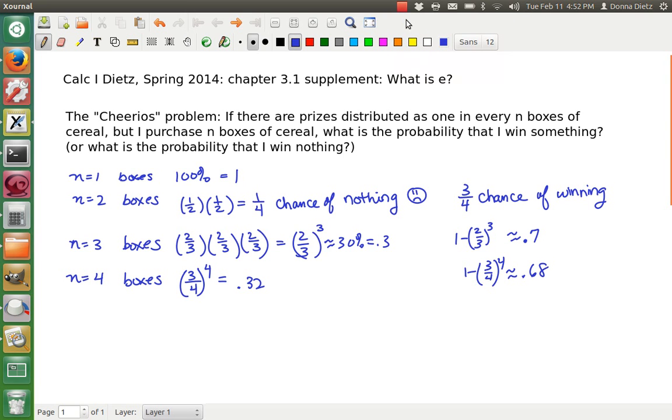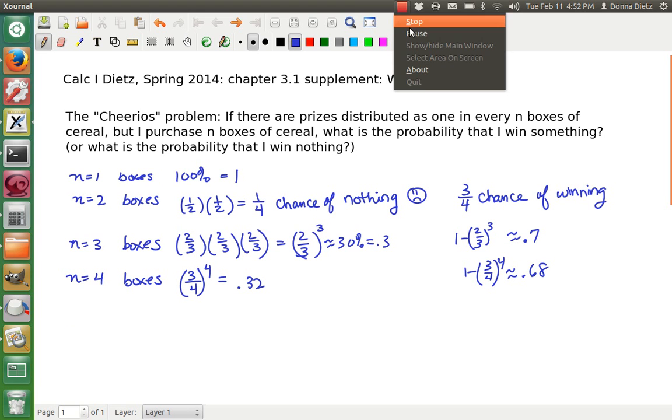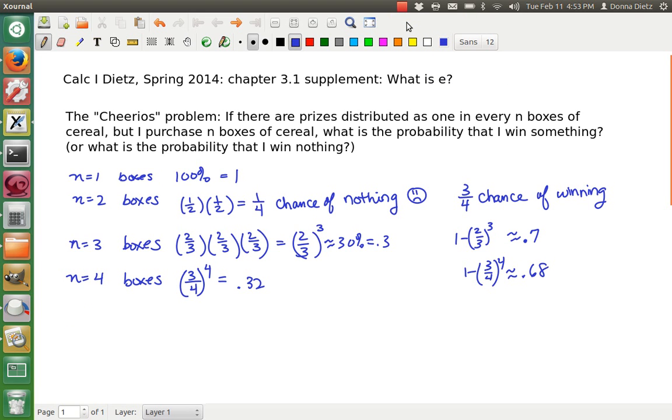Okay, so generically, let's try just n boxes. The numerator of this fraction is n minus 1 and the denominator is n. That's the probability of getting nothing, to the power of n is the chance of nothing.